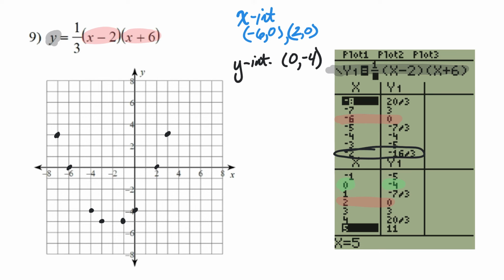But 4, 20/3, that's going to be just under 7. I mean, we could sit here and try to plot that point, but here's what we've created, our parabola. I'm going to hold off on the vertex for just a moment because I would like for it to be as accurate as I can.